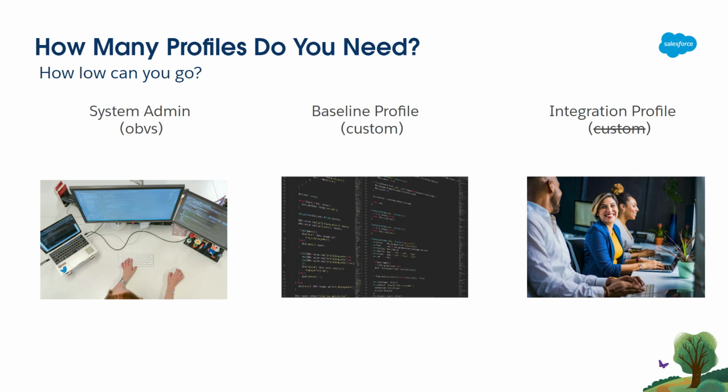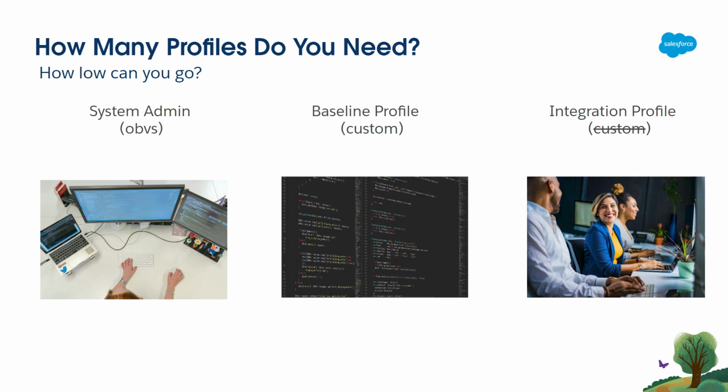So here you can see that I've got 3 profiles. And I'll talk about each of these a bit more in a moment. So I've got the system admin profile. Obviously, we need someone who has the keys to the system that can get in anywhere and do everything.